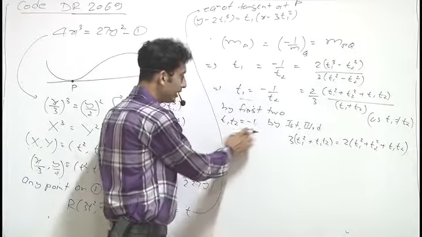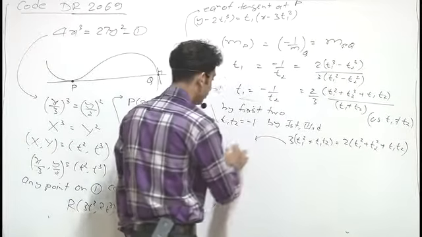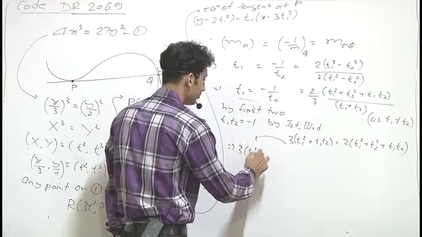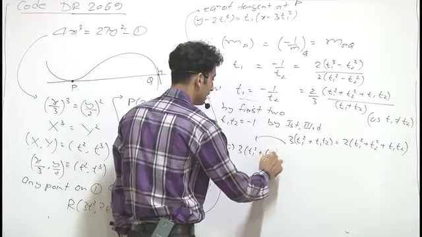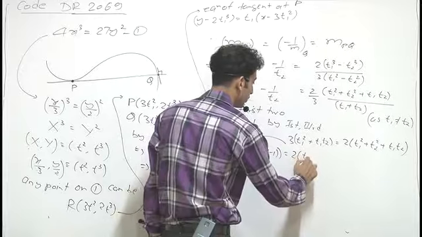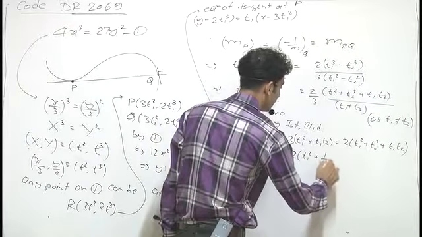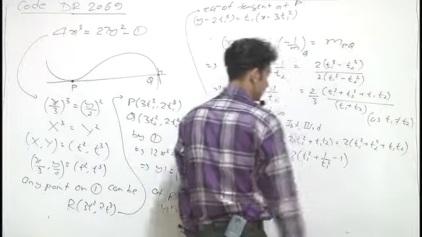If we use t1 t2 equal negative 1, we will have 3 t1 square plus minus 1 equal 2 t1 square plus 1 upon t1 square and minus 1.